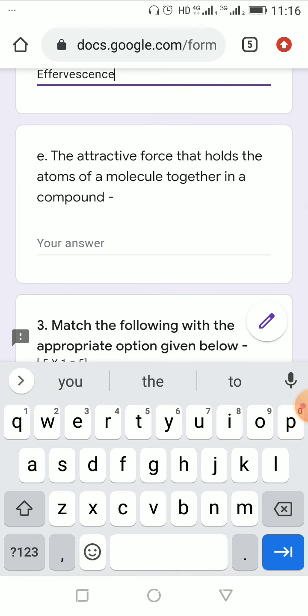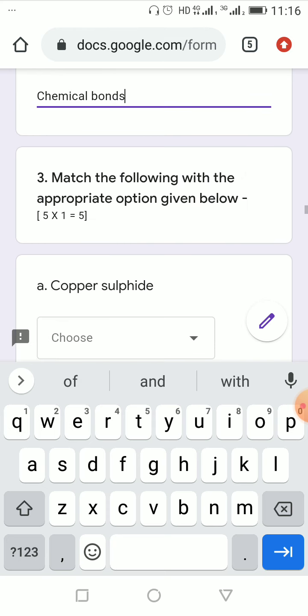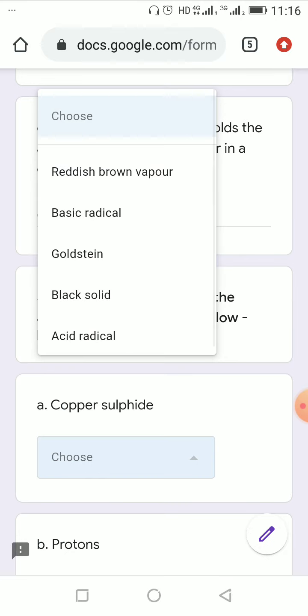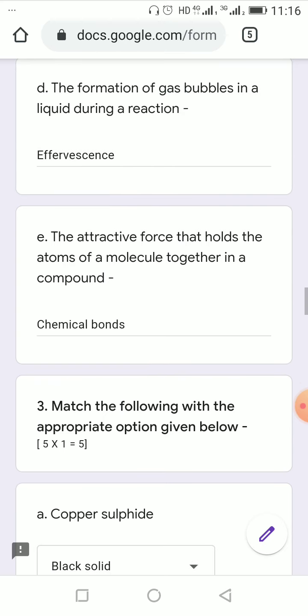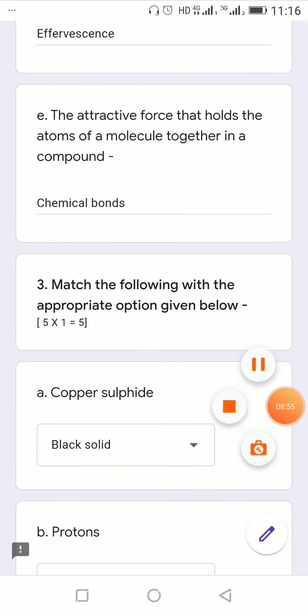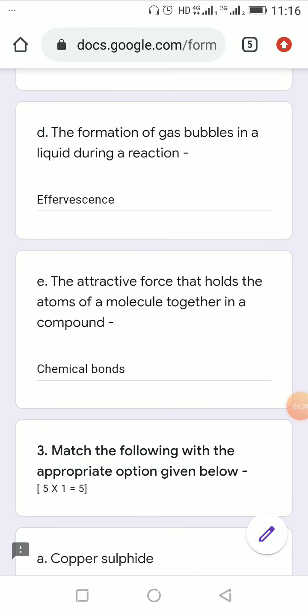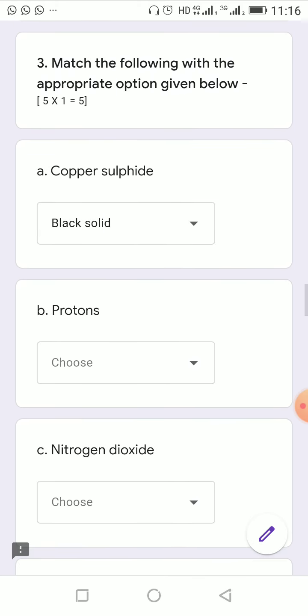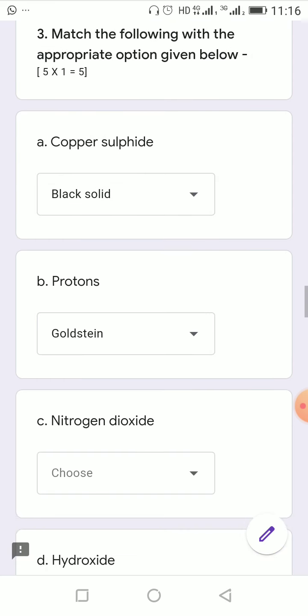Attractive force, this will be chemical bond. Copper sulfide, this is black solid. Next, protons, this will be Goldstein.